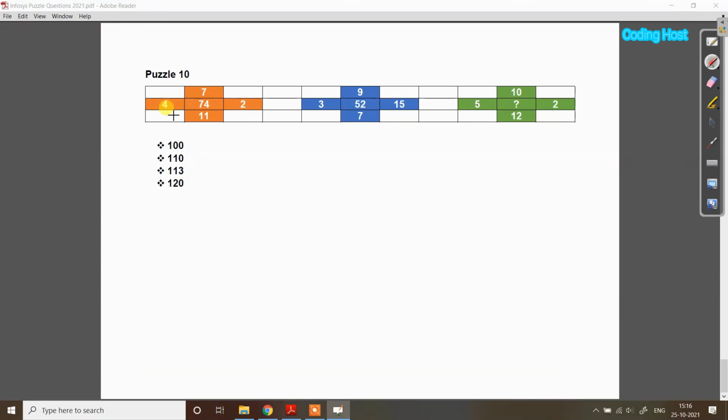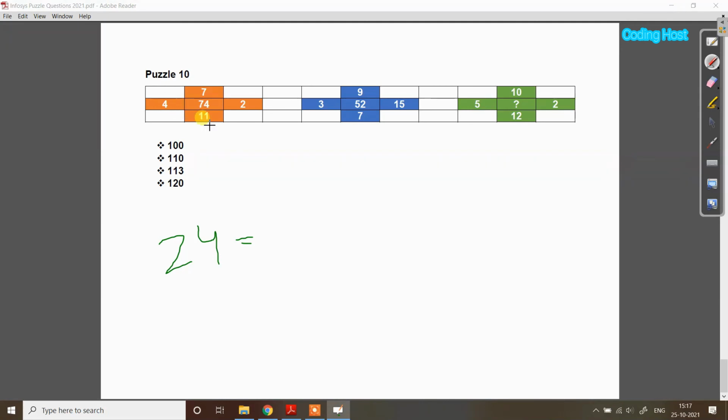So let's try to apply the same logic here. After adding all these numbers, we will get 24. You can see that if we take the square of 24, it will become a very large number which is not equal to 74. So we have to use some different logic here. Suppose we subtract these numbers.